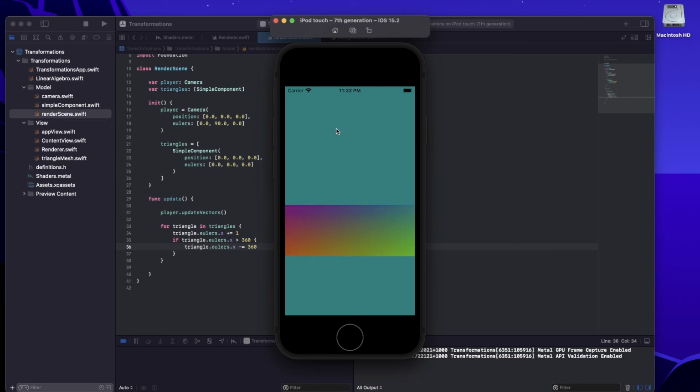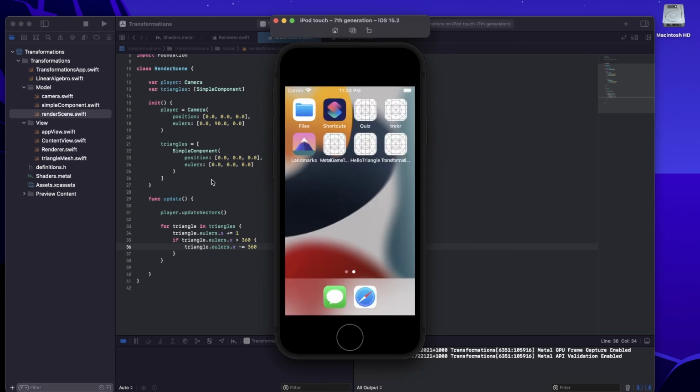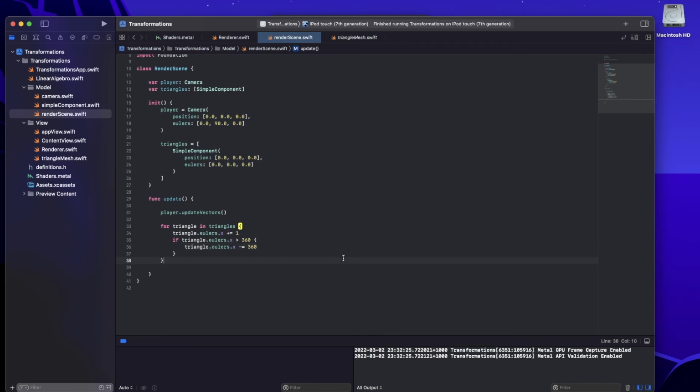And the issue has to do with near and far planes, because the triangle is rendering actually at the eye level of the camera. So you're only going to see half of the triangle. One half is in front of the camera, one half is behind the camera. But that is really annoying. So let's just leave this for now.